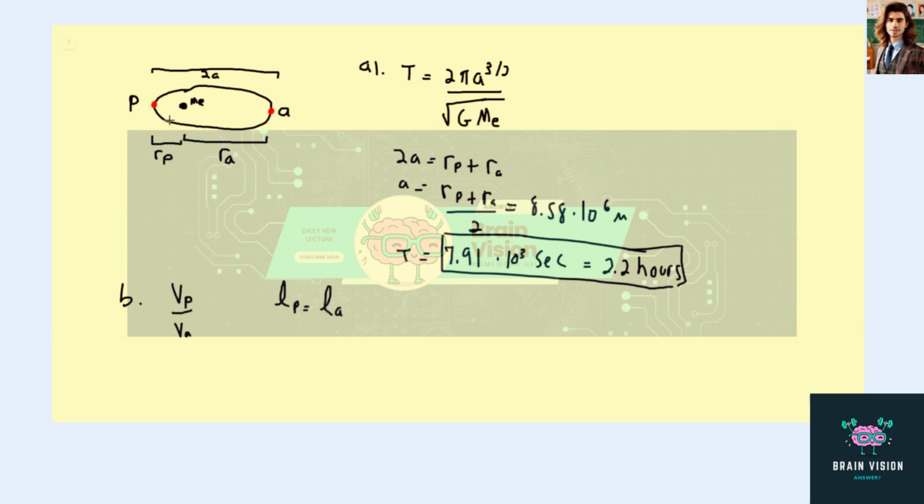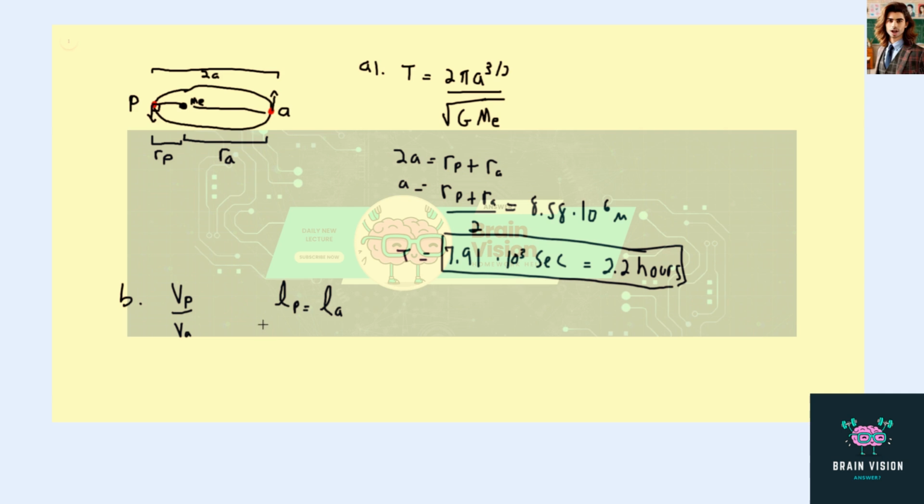At either of these points, the velocity is tangent to the path, perpendicular to the radius from the mass of the Earth, so the angular momentum is just the velocity times the distance. Normally there's a sine theta term in there, but theta will always be 90 degrees here, so that just becomes 1.